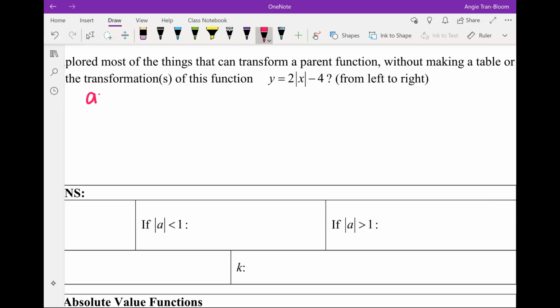A value of what? 2. The negative 4, is that an A, an H, a K, a W? What is it? A K. What's your K? -4. Okay, -4. Now that we know those values, what's the first transformation for the 2? We're going to go from left to right. So we're going to take care of the 2 first.